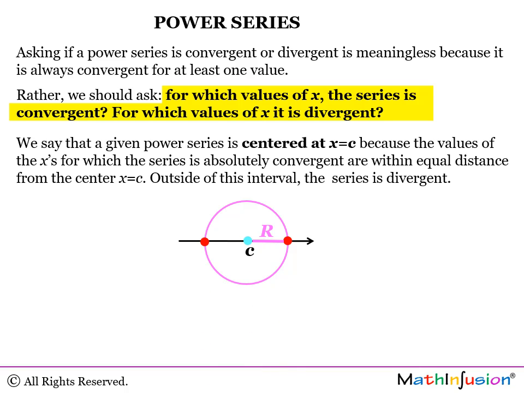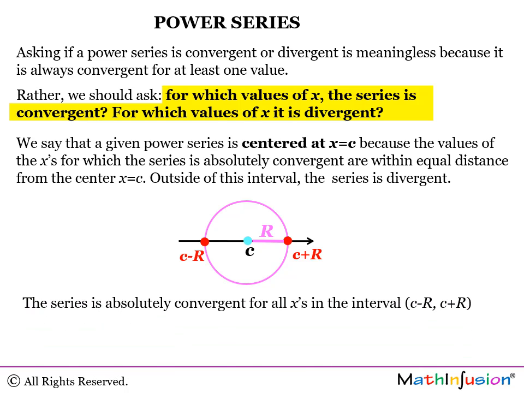If we are looking only on the x-axis, we get the two endpoints, and the endpoints are c minus r and c plus r. The series is absolutely convergent for all x's in the interval (c minus r, c plus r). The series is divergent on the segment that is outside that.